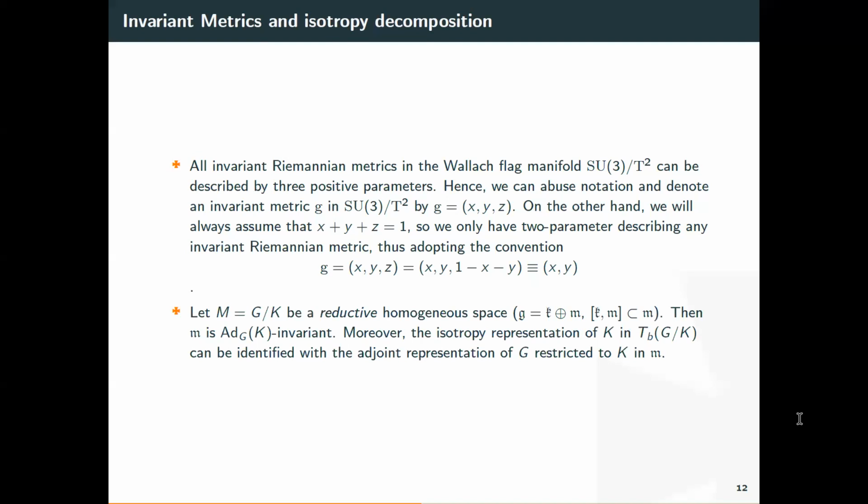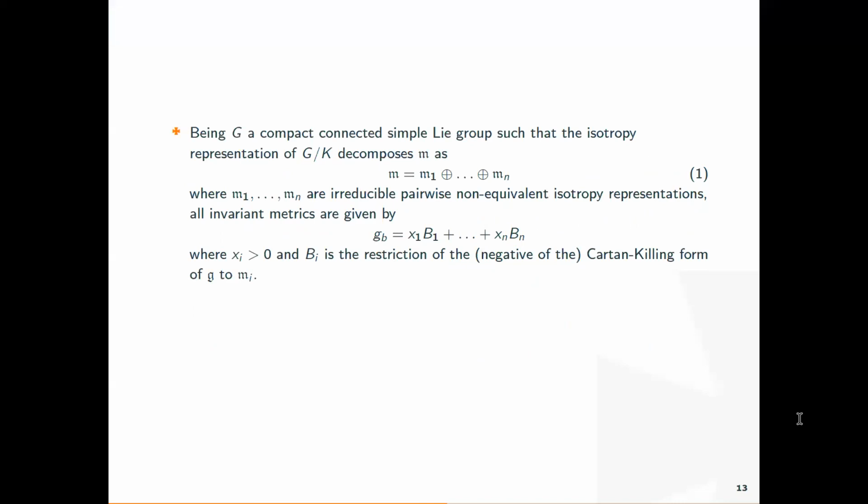And of course, I'm going to be very quick here, but when you have a reductive homogeneous space, and usually denote the tangent space at the origin by m, we have this bracket and everything. But the point is that we can decompose the tangent space at the origin, the horizontal space, as pairwise non-equivalent subspaces that are invariant by the isotropy representation at the origin on this homogeneous space.